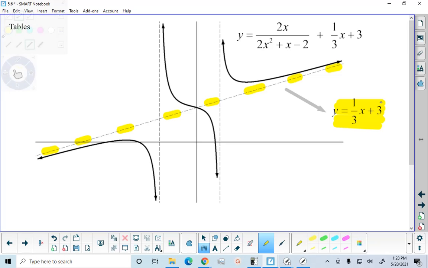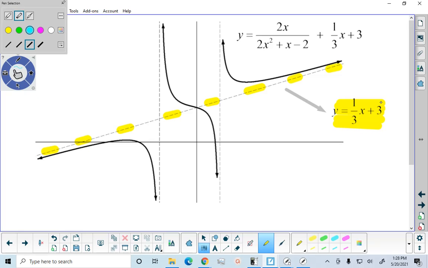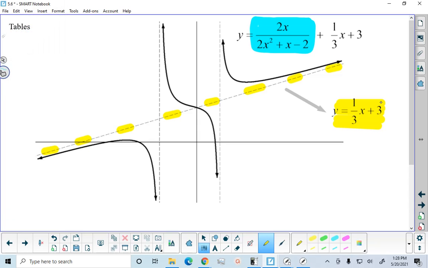At very large values of x, this part of the actual function gets less and less important, leaving you with the rest of the function, which is 1/3 x plus 3. And that's why the curve is getting closer and closer to that straight line of y equals 1/3 x plus 3.